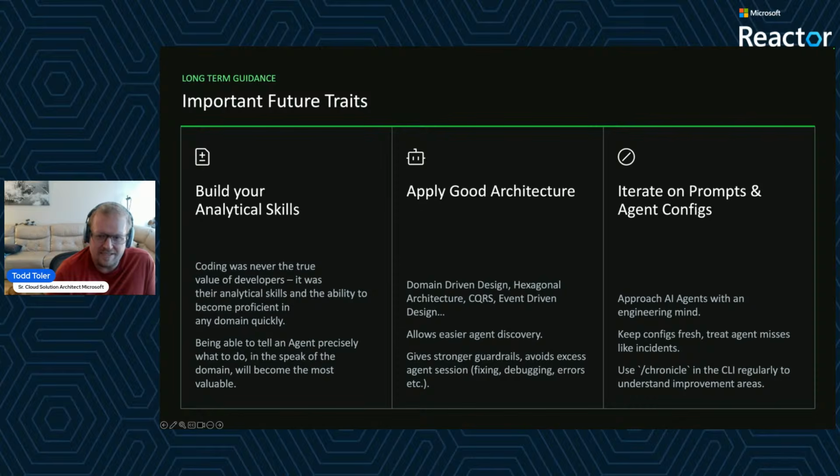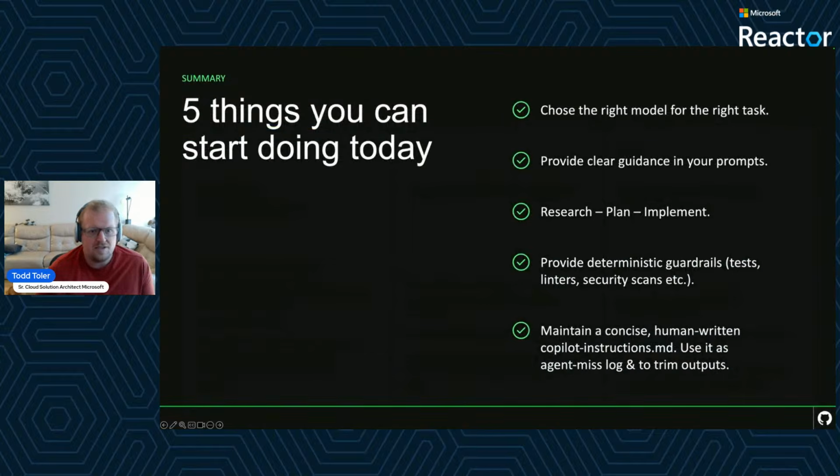You approach it with an engineering mindset. Set agents up for success consistently. Tools like the Chronicle can help analyze and optimize your prompting over time. So you want to continue to sharpen your skill, but also the skills inside of your agents.